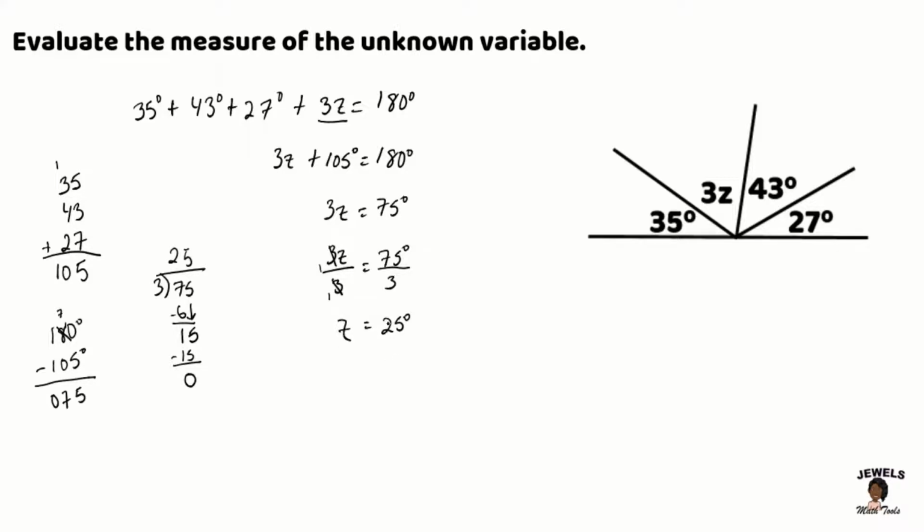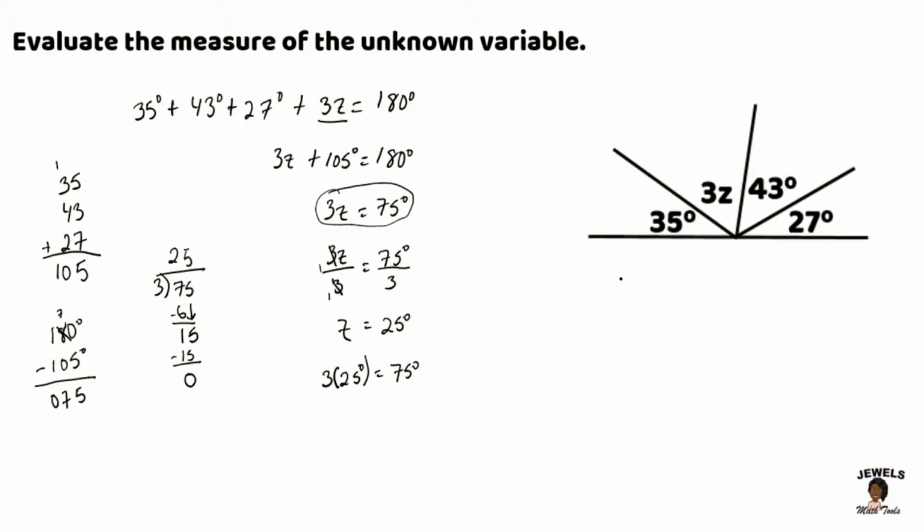So here z is equal to 25 degrees, and in our earlier step where we calculated 3 times z, which is here, I'll circle the step, we found that 3z is equal to 75 degrees. So we're just going to double check by substituting my z with its measurement of 25 degrees to see if it does work out to 75 degrees. And we know that when 3 is multiplied by 25, it will equal 75 degrees.